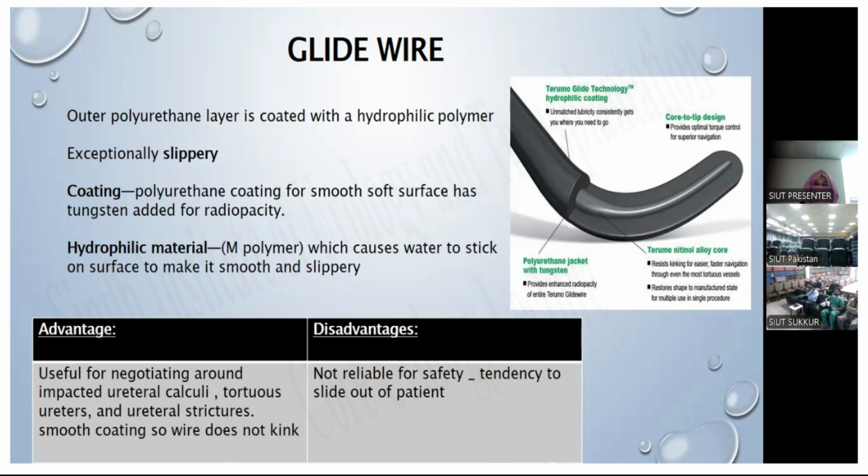Hydrophilic material, same as guide wire, causes water to stick on the surface to make it smooth and slippery. The advantage of glide wire is that it is useful in negotiating around impacted ureteral stones, tortuous ureter, and strictures. The smooth coating means the wire does not kink. The only disadvantage is that it is not reliable for safety as there is a tendency to slide out of the patient.